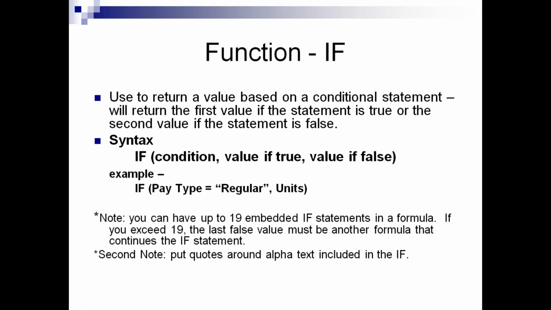So I've designed a formula with the if statement in it that says if, opening parenthesis, pay type, which is a field on the time record, is equal to, and then this is what I'm comparing. And so, of course, I've got to put it inside the quotes. So if the type is regular, and then a comma to separate, give me units. And again, this is a field off the time record, followed by a closing parenthesis.